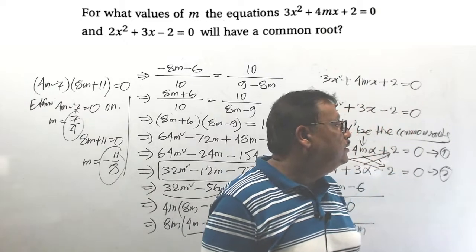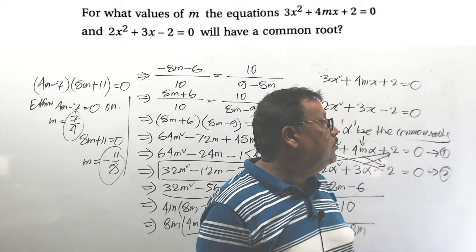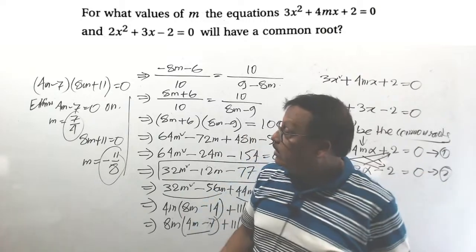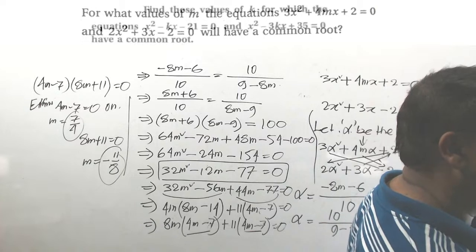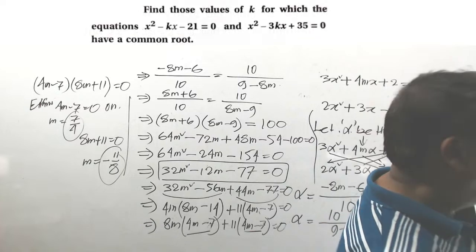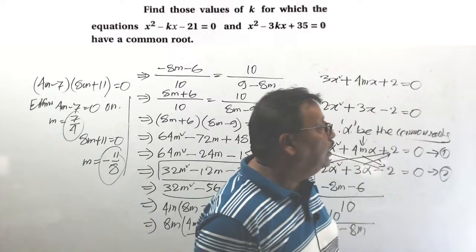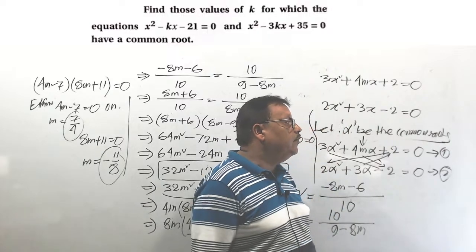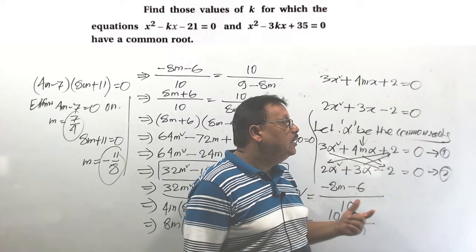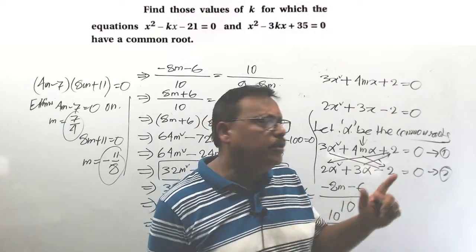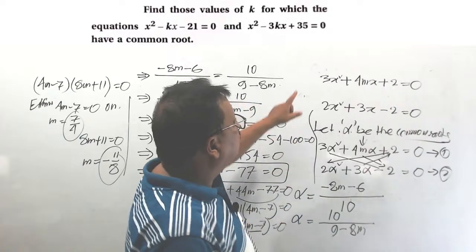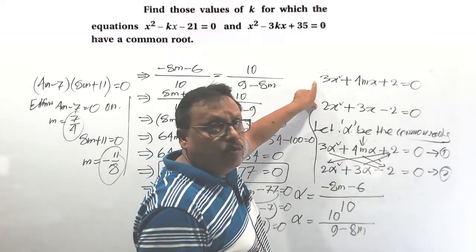Second one. Second question. So what are the values of m? You got these two. Okay. Next one. Find the values of k for which the equations have a common root. Same procedure, there is no difference. We will consider two equations.